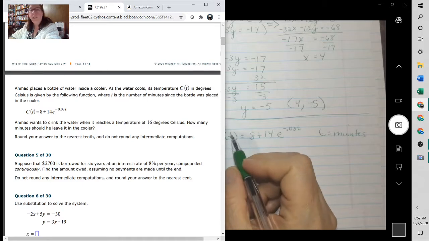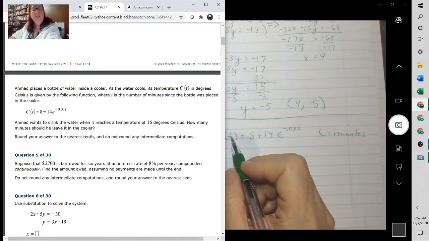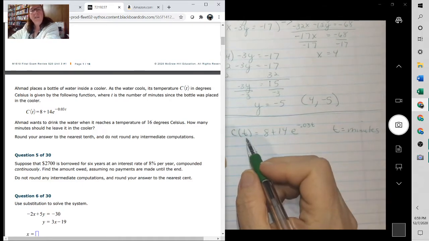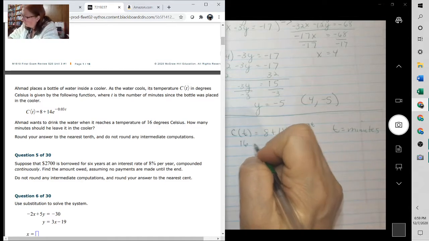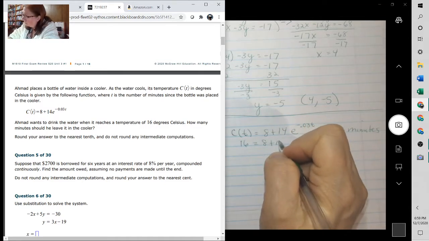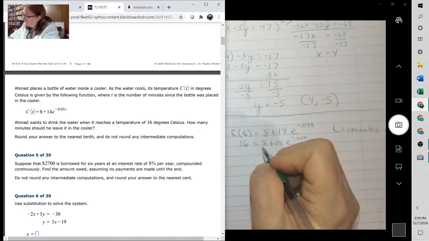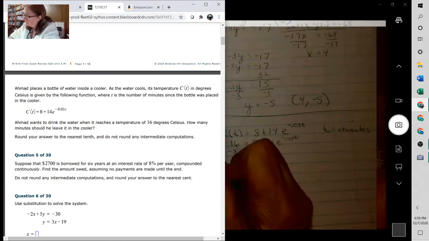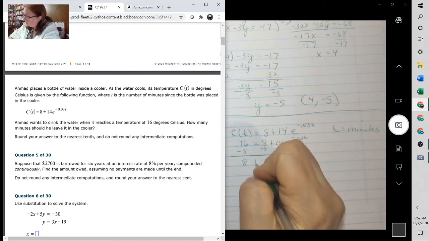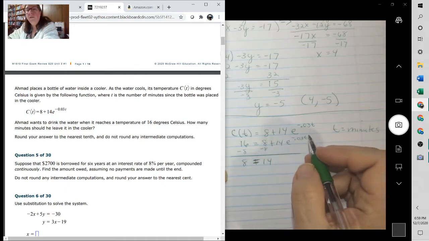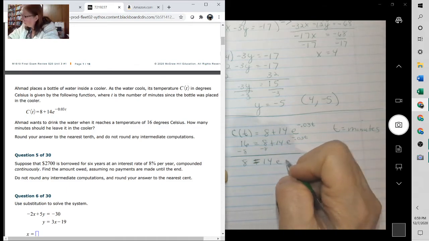We'll see, if T is the temperature in Celsius, and it wants it 16, so we plug 16 in. Subtract the 8. Equals 14e to the negative 0.03t.